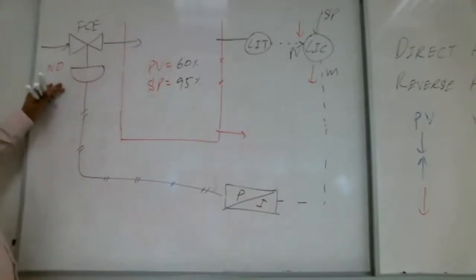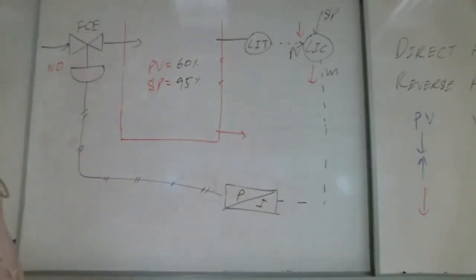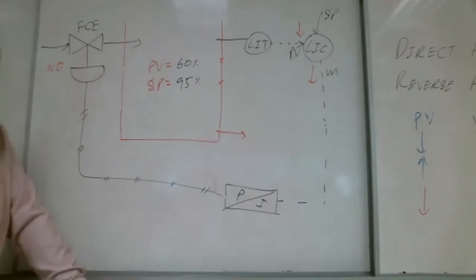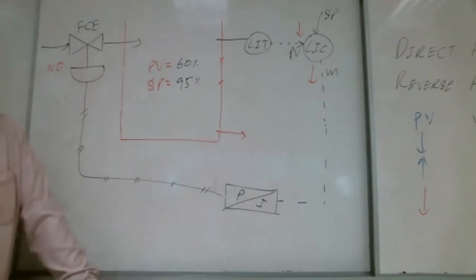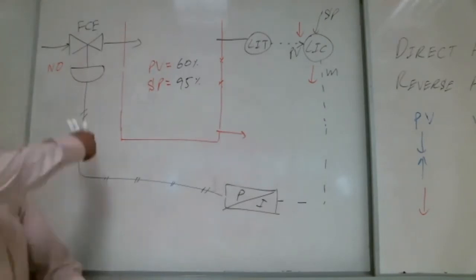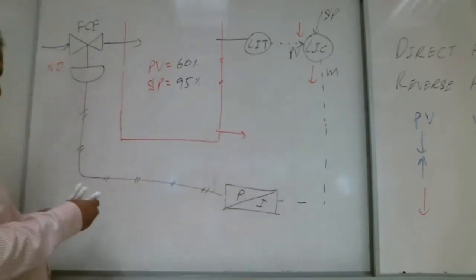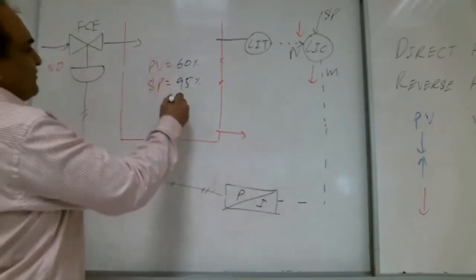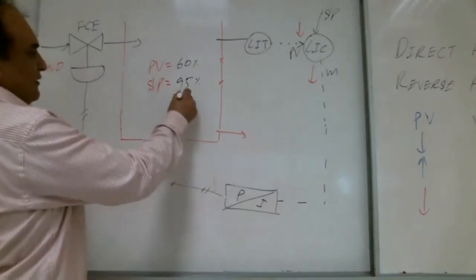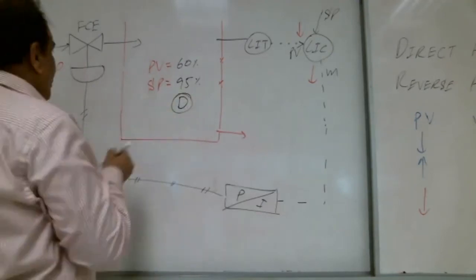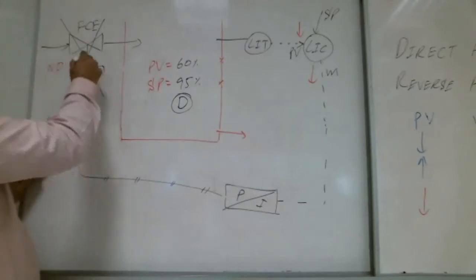Is this valve at the inlet or outlet, Shabab? Inlet. Very good. A lot of brothers are replying inlet. So if we bring it to the outlet, what will happen? Right now this valve is direct action, right? So what we do, we cancel this valve from here.